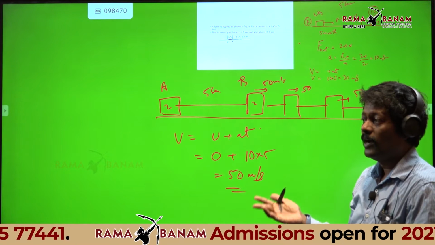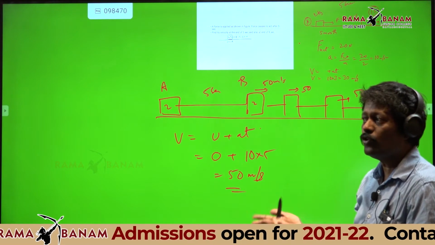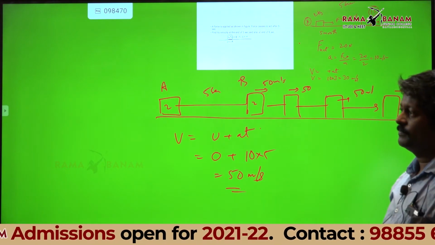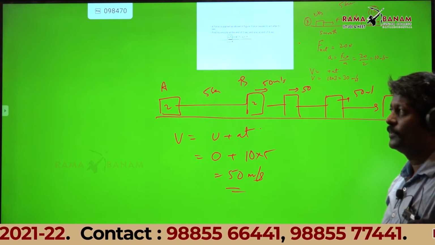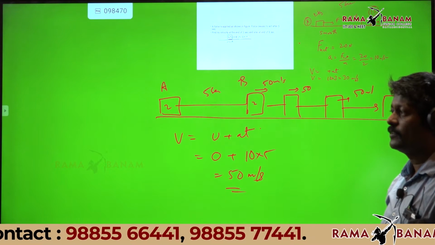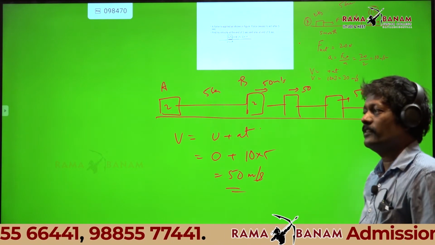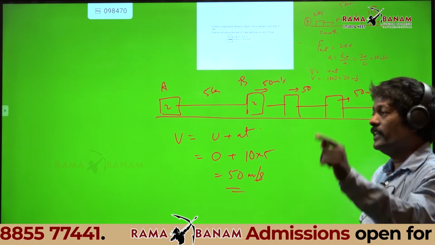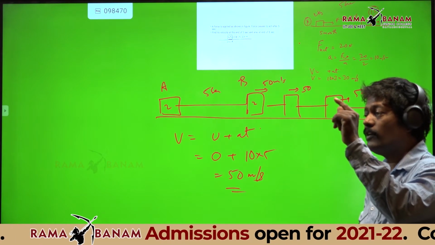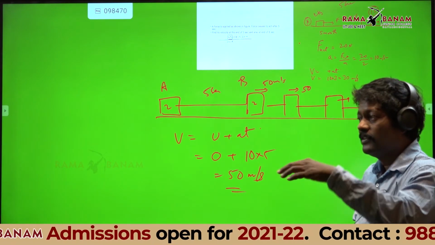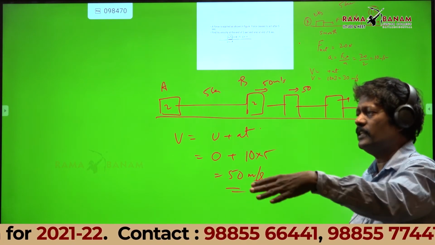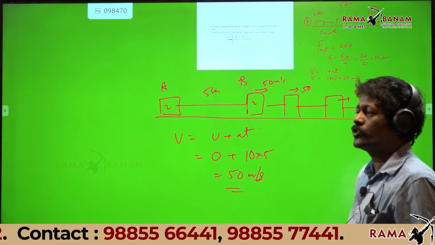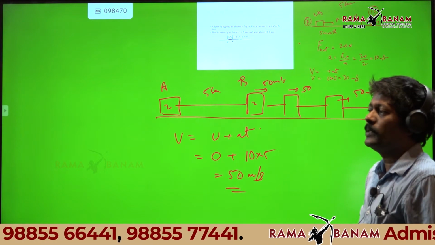Why? Up to 8 seconds you don't have force. Force is only up to 5 seconds. For how much time is force there? 5 seconds. Then after 5 seconds, the 6th second, 7th, 8th, 9th, 10th, 11th, 100th second also, the velocity remains constant.